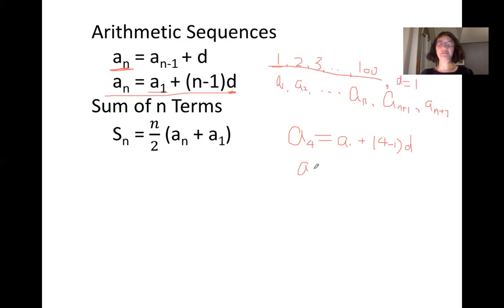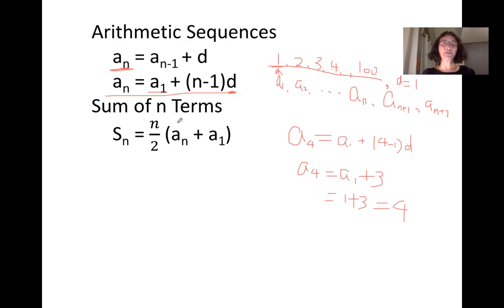Let's continue. A4 equals A1 plus 3d. d is 1, so A1 plus 3. And A1 is the first item, it is 1. 1 plus 3 equals 4. So A4 equals 4, that's correct. The next number in the sequence is 4.